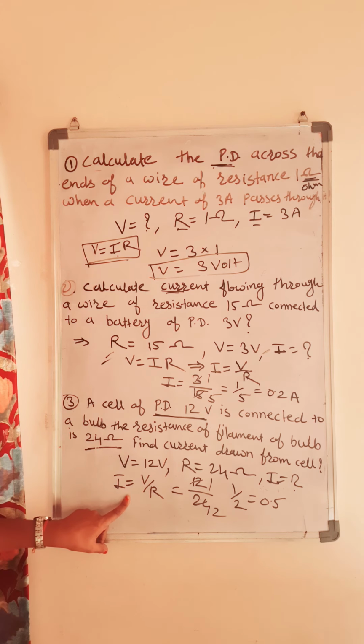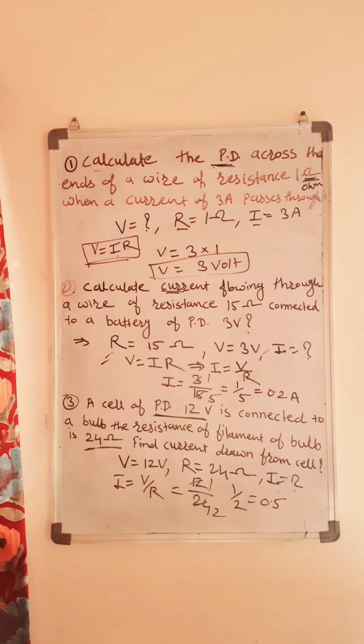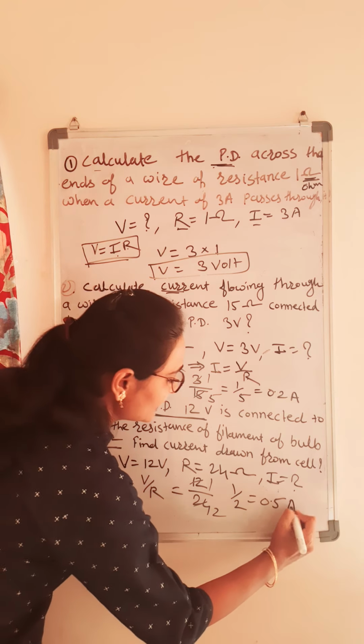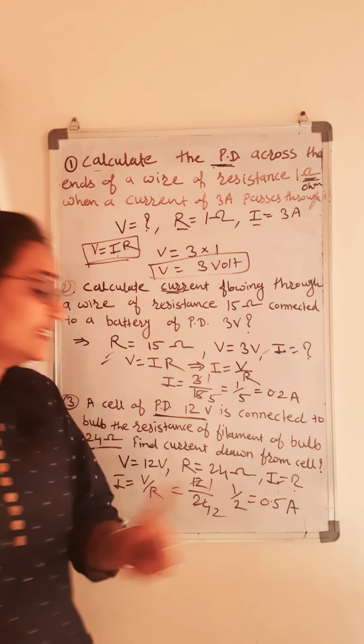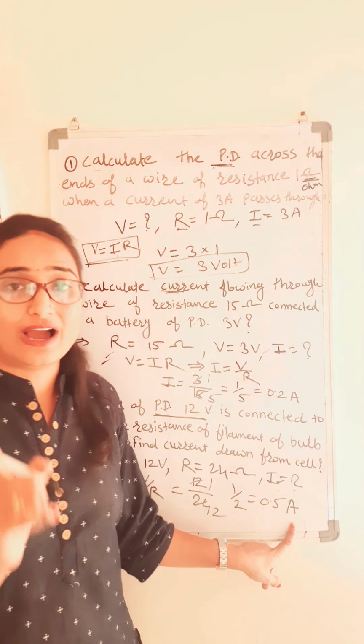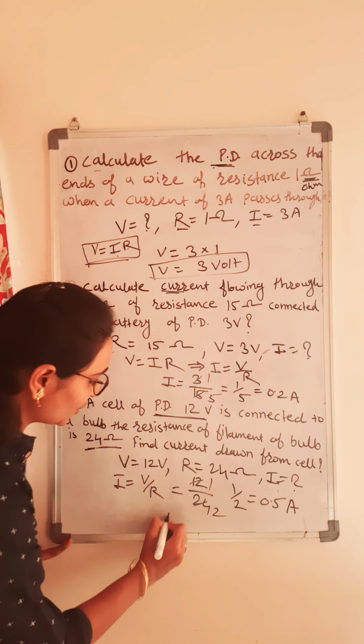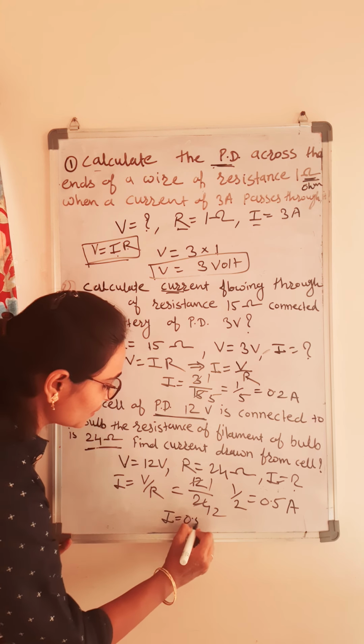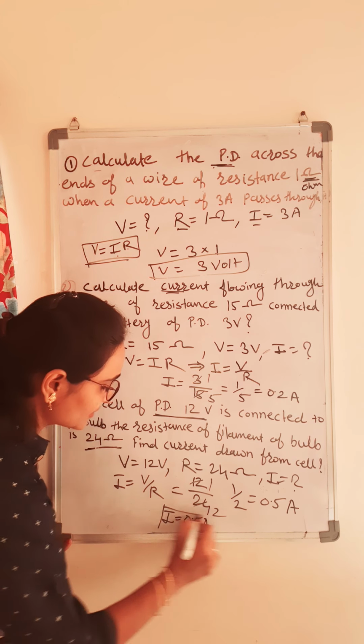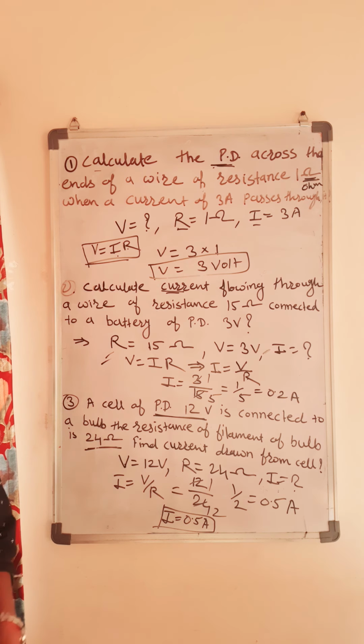And what do we calculate here? We calculate current. So what will be the unit here? It is ampere. See, in physics, the unit is a must. You have to write the units. Okay, 0.5 ampere. So I is equal to 0.5 ampere. So this is your answer.